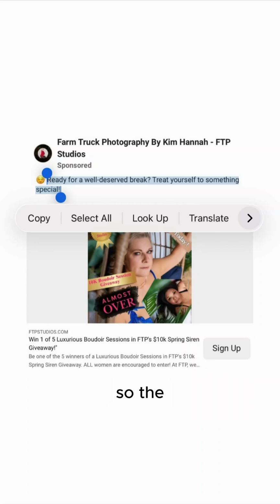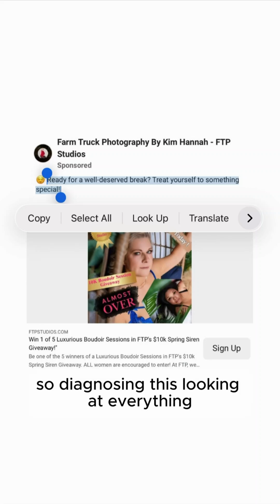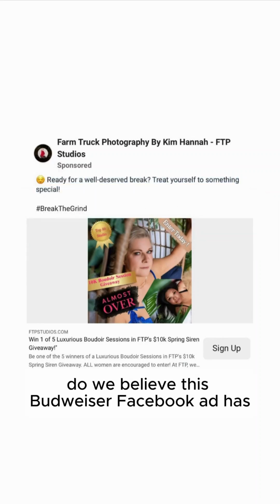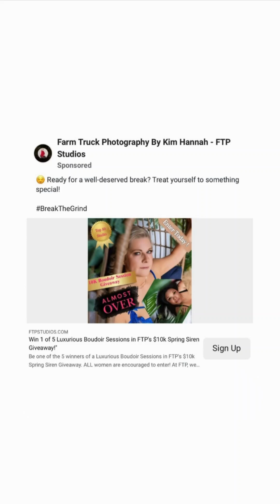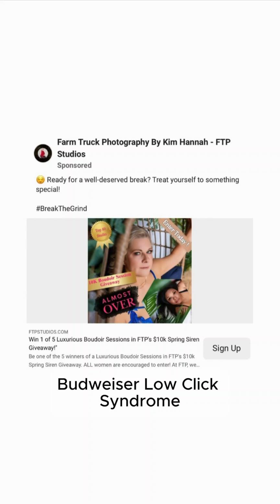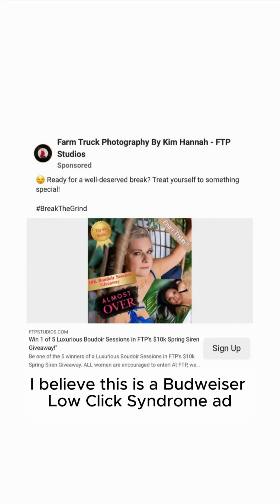So, diagnosing this, looking at everything: do we believe this Boudoir Facebook ad has a unique CTR under 6%, aka has BLCS, Boudoir low click syndrome? Yes, I do. I believe this is a Boudoir low click syndrome ad.